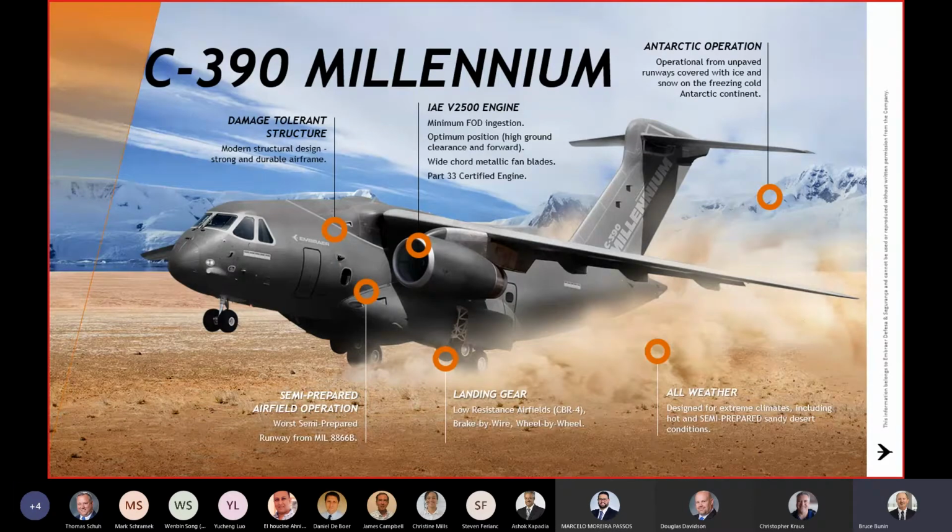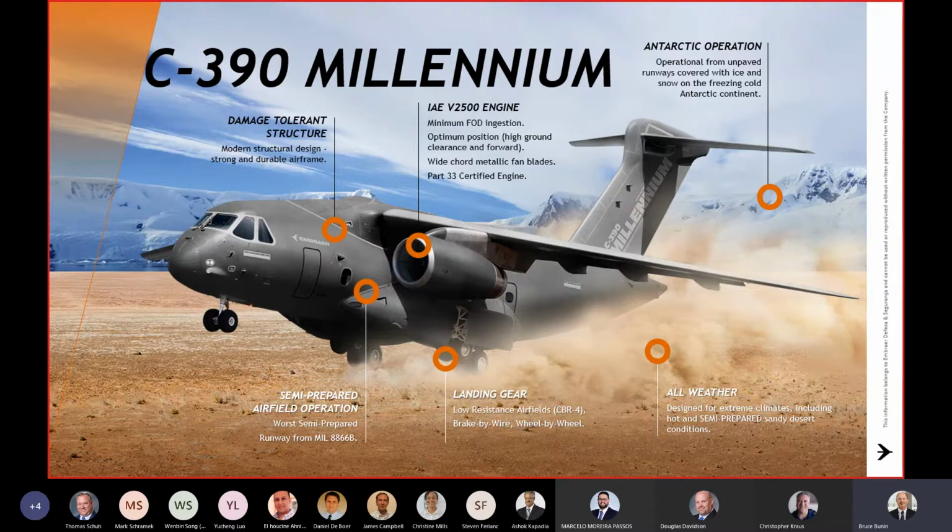Summarizing the airplane's operation, as I mentioned, its structural design is what we would refer to from an engineering standpoint as damage tolerant. So it's the difference, for the engineers out there, between a safe life structural design philosophy and a fail-safe philosophy.